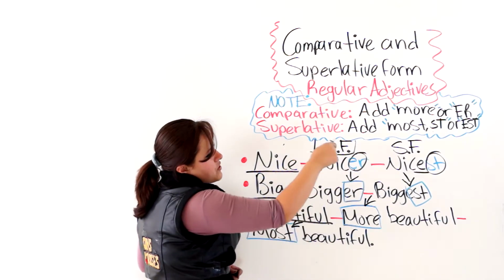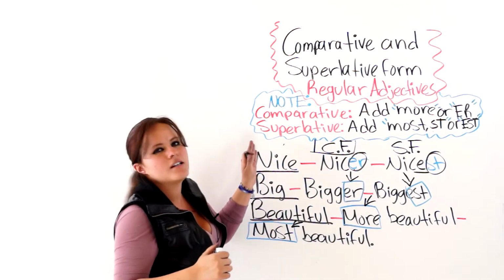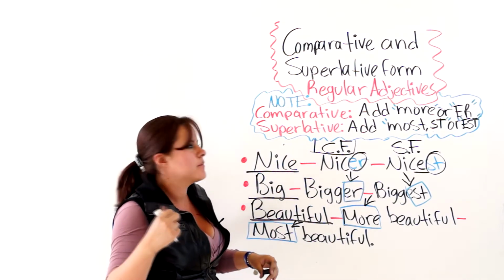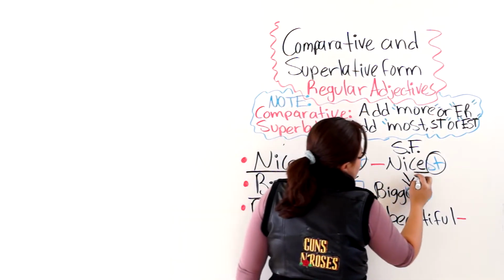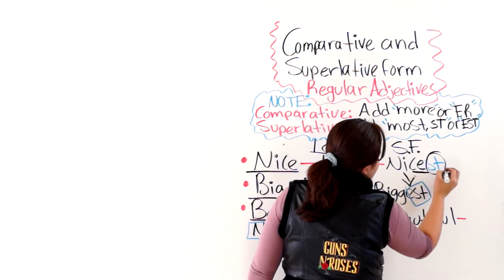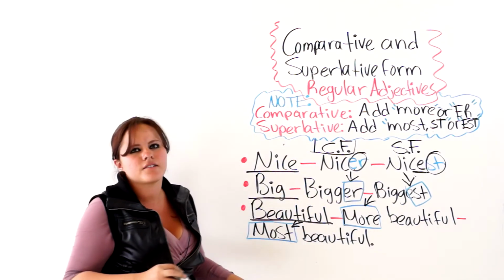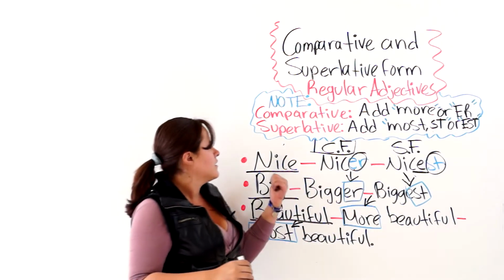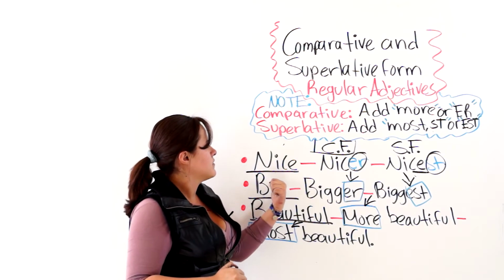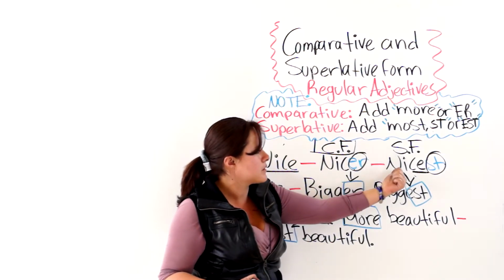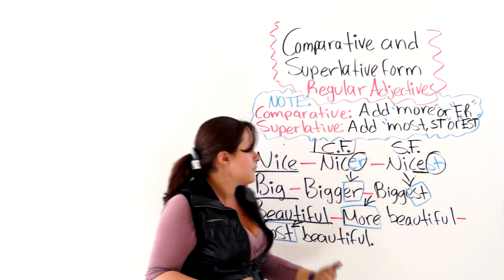And add st or est at the end when it has 1 or 2 syllables. It has an e ending, so that's why I added st. Nice, nicer, nicest. Adjective, comparative form, superlative form.